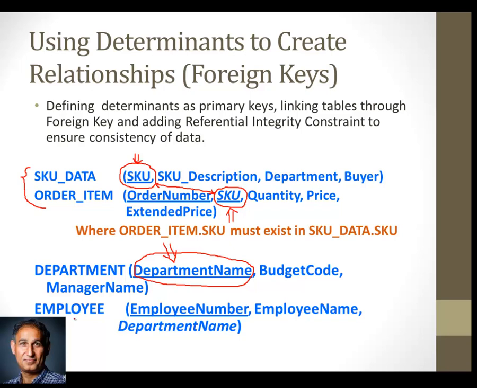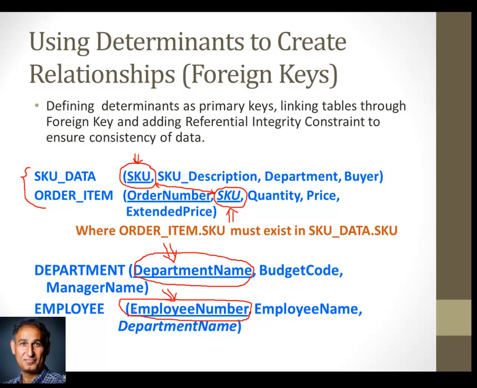The second table is the employee table, and the employee table has attributes employee number, employee name, and department name. Based on that, I can identify the employee number as my determinant.